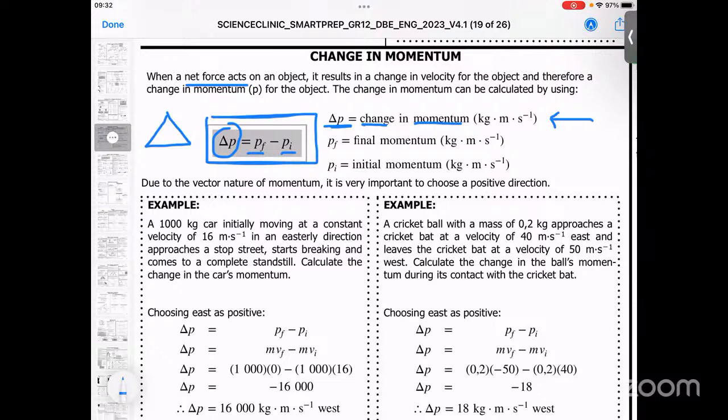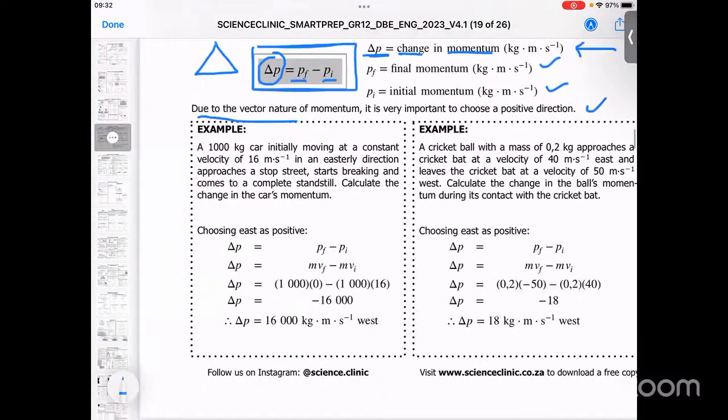Again, momentum final will still be measured in the same unit as the initial momentum. Maybe when we do some calculations, that's when it will make sense in terms of what goes to final and what goes to initial. Due to the vector nature of momentum, it is very important to choose a positive direction. We will see that as we continue.